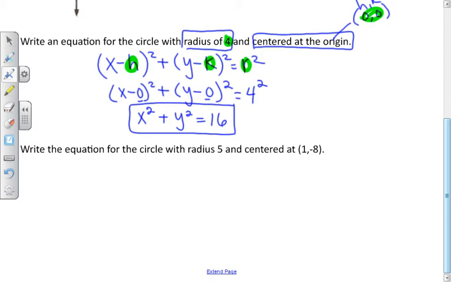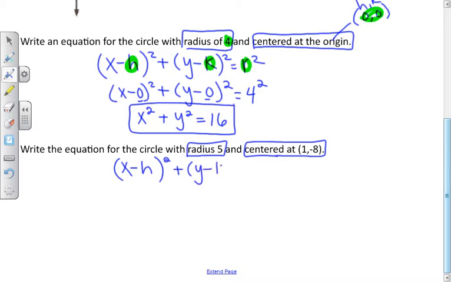We can also talk about a radius of 5 and a center not at the origin. So again, if we look at our formula and we fill in what we know, what we need, these 3 spots with these 3 pieces of information, we can very quickly and very easily write the equation.